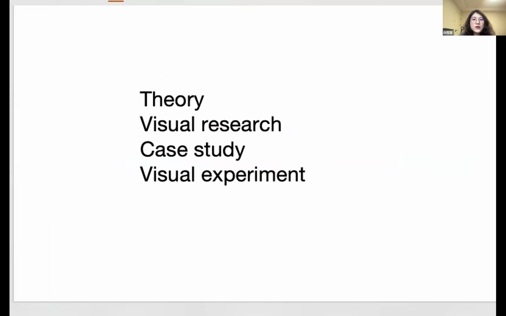Okay, so during your research, when you finally finish your project, you need a combination of your theory, your visual research, your case study, and you can do your visual experiment. What is a visual experiment? Very simply, you make your experiment a visual method. For example, you want to explain how you feel time passing.